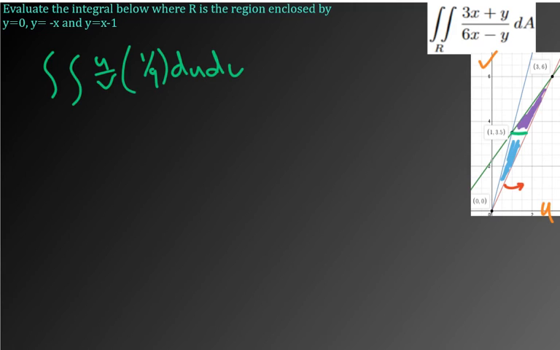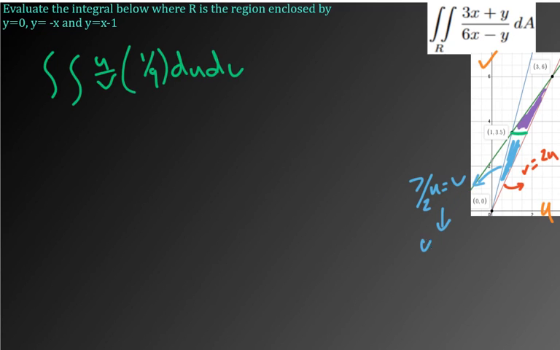So if you think about it, that red one was v equals 2u, and the blue one was 7/2 u equals v. And so if we're going to do du dv, we've got to switch the bounds, right? Because we've got v equals, and we want u equals.